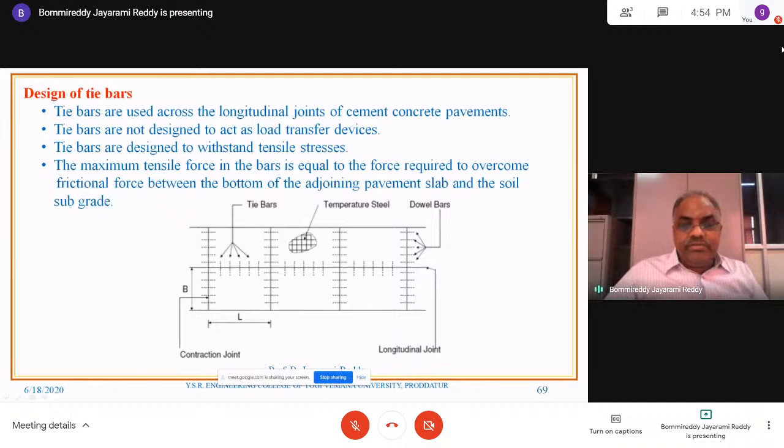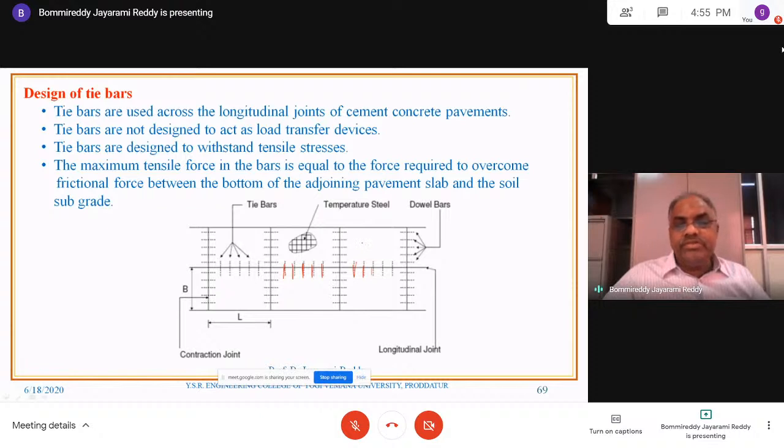Okay, design of tie bars. So tie bars means these bars are provided across the longitudinal joint. These are called the tie bars across the longitudinal joints. What is the main purpose of it? The bars are used across the longitudinal joints of the pavements.